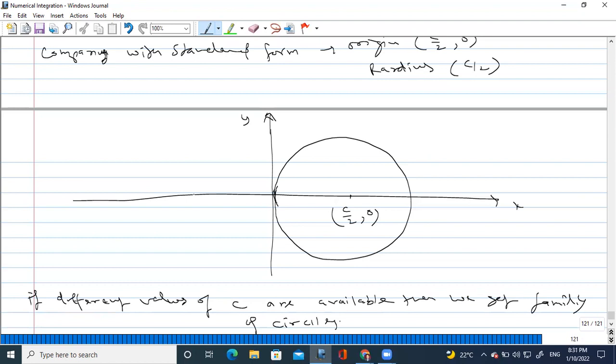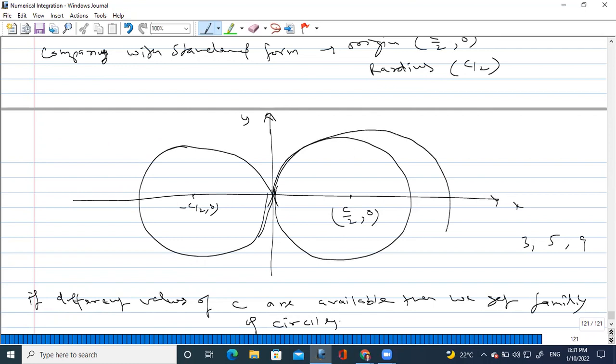Sometimes c can be negative, so then it will be a circle, but it will touch on the other side. Okay. Suppose at some time the c value is 3, at some time c value is 5, sometimes it is 9, like this. So if the c value is increasing, then this also can be a circle.